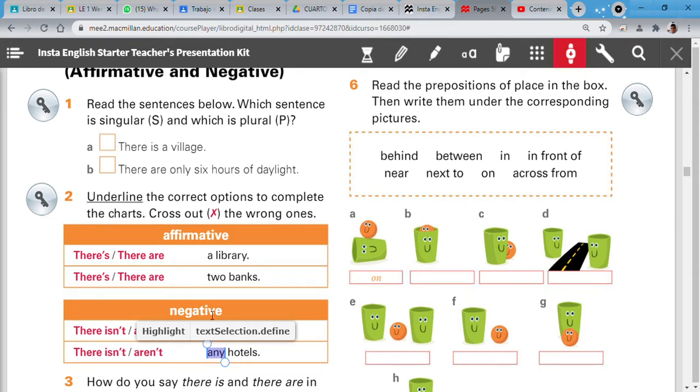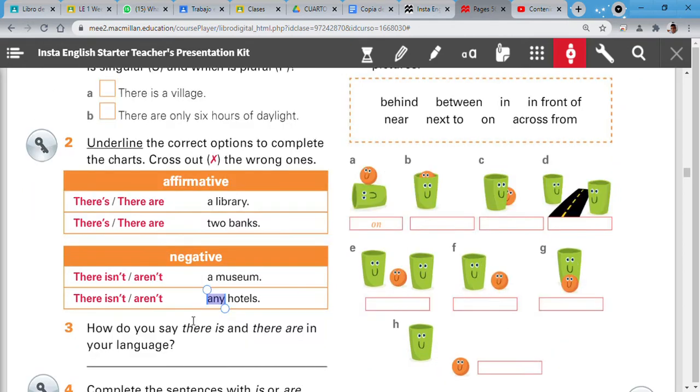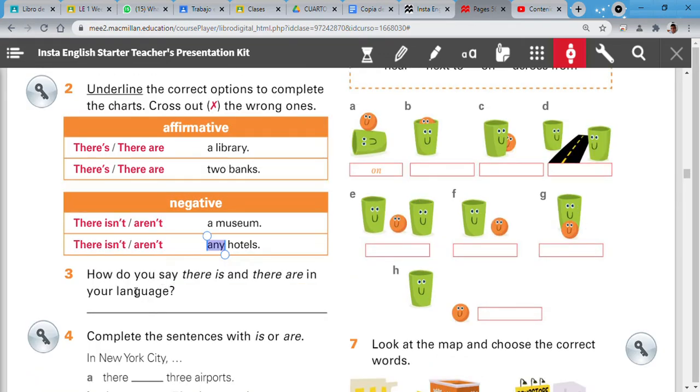Now let's see affirmative and negative. Let's see if you get the idea. Number 3. How do you say there is and there are in your language? There is for singular, remember, and there are is for plural, or there isn't and there aren't, affirmative or negative.